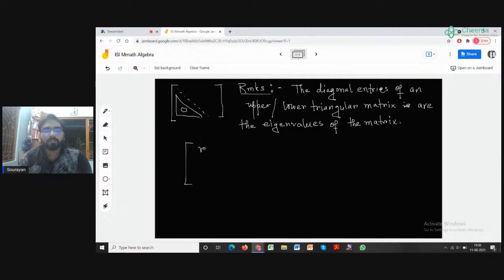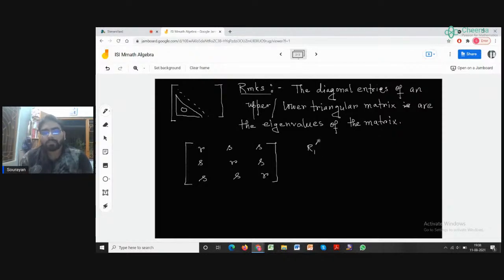If you take a 3x3 matrix of this problem, it practically looks like this: R, S, S, then S, R, S, then S, S, R. Now the first row operation that we are doing: R1, R2, R3 are row 1, row 2, row 3, and C1, C2, C3 are column 1, column 2, column 3.